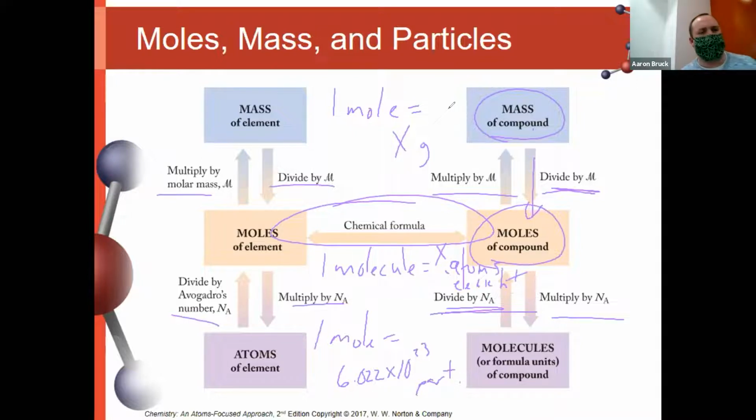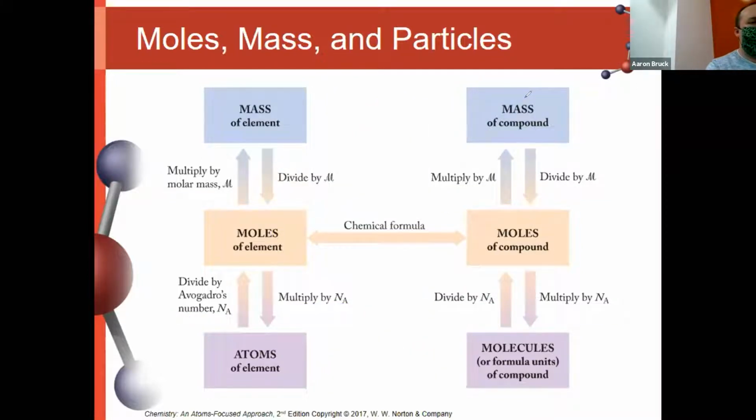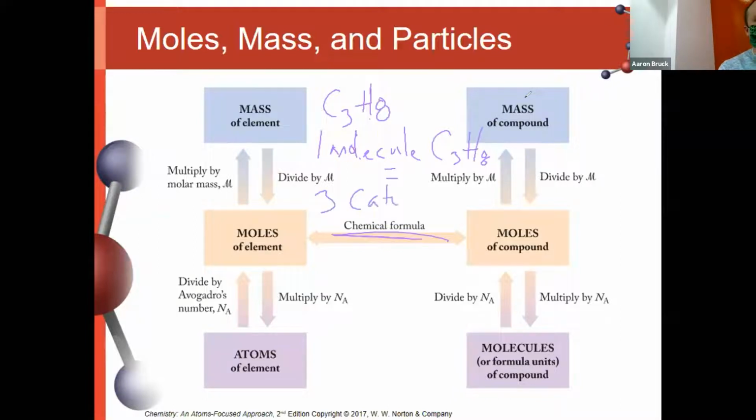So for example, if I have propane, C3H8, my chemical formula tells me that one molecule of C3H8 is equal to 3 carbon atoms and 8 hydrogen atoms.